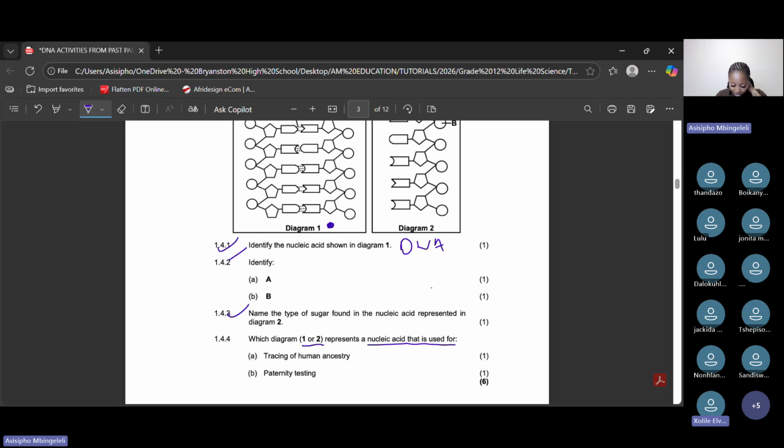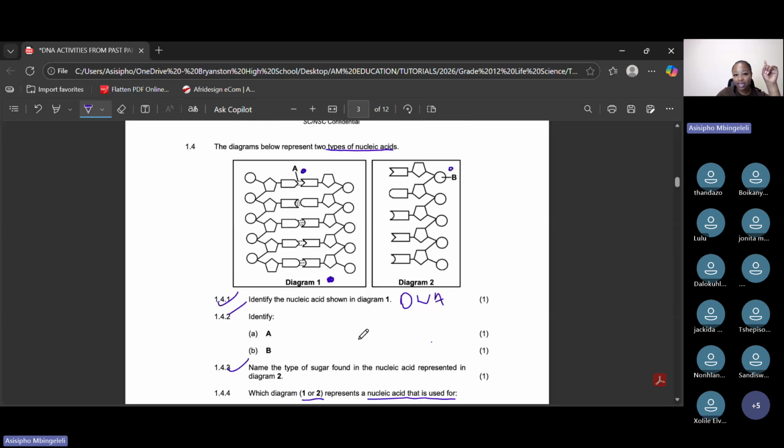Yes, when we're looking at an ancestral lineage, do we look at people's DNA or people's RNA? You tell me. It's their DNA. So between diagram 1 and 2, which one is representing DNA? 1. Thank you so much.